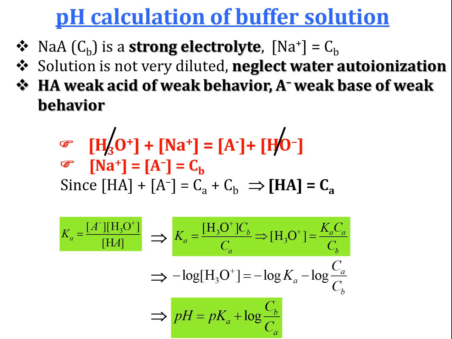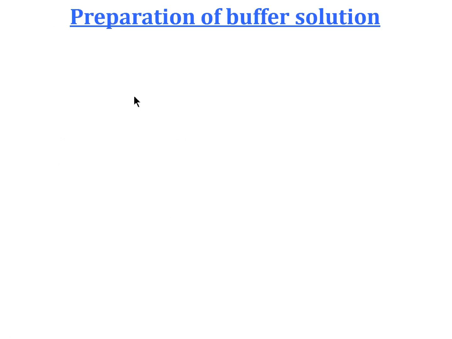Note that this formula is obtained by supposing that the autoionization of water is negligible, and that the acid and the base, which are weak, have weak behavior. Preparation of a buffer solution: we have three methods.